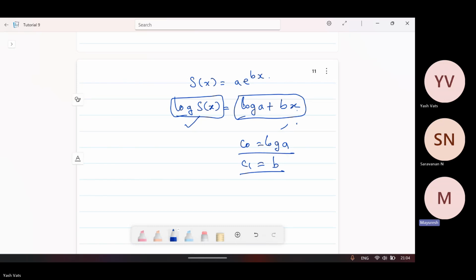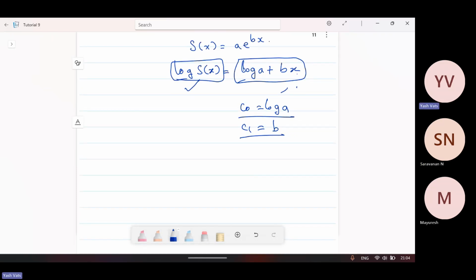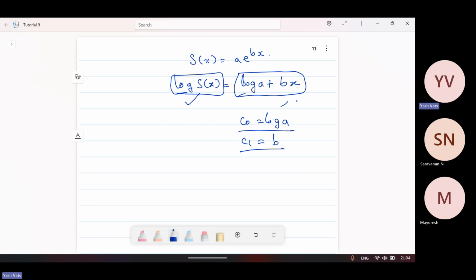We will get the values of C naught and C1, put them in, and find out A and B. It's similar. Suppose from the linear approximation you get the value of C naught to be 1 and C1 to be 2.